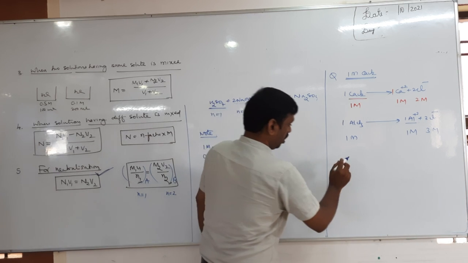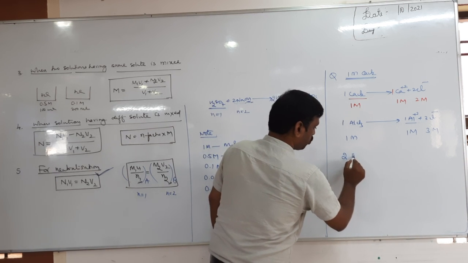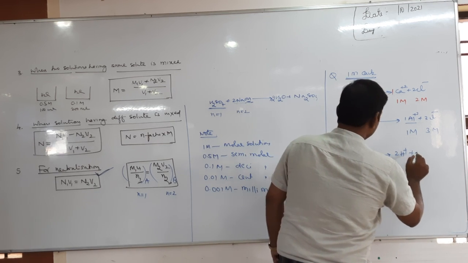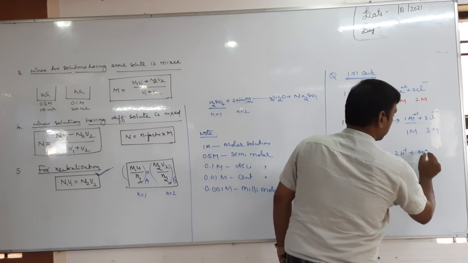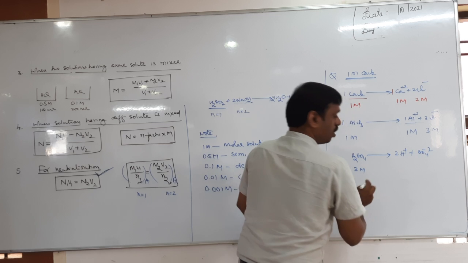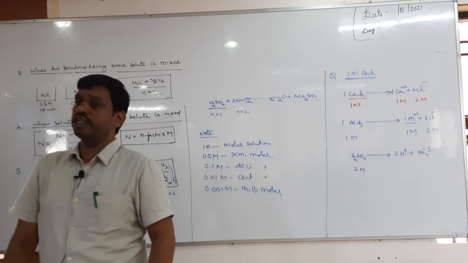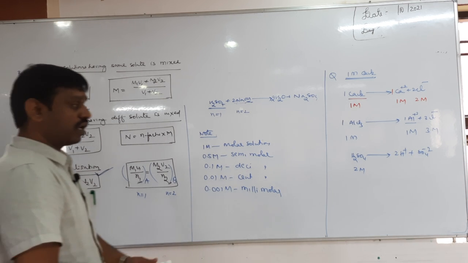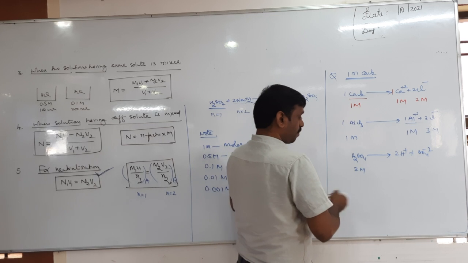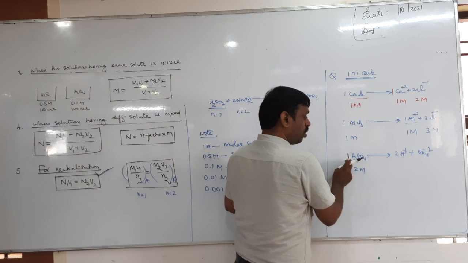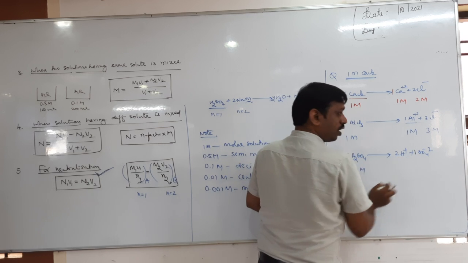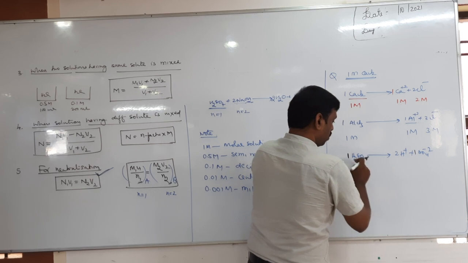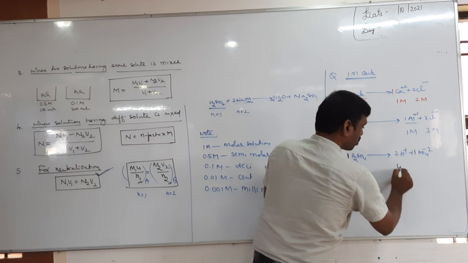Suppose I take 2 molar H2SO4 undergoing complete dissociation, how many molar sulfate ions does it give? 1 mole gives 2 mole of H plus, 1 mole gives 1 mole of sulfate, but how many molar is taken? 2 molar, so 2 molar gives 4 molar of H plus.